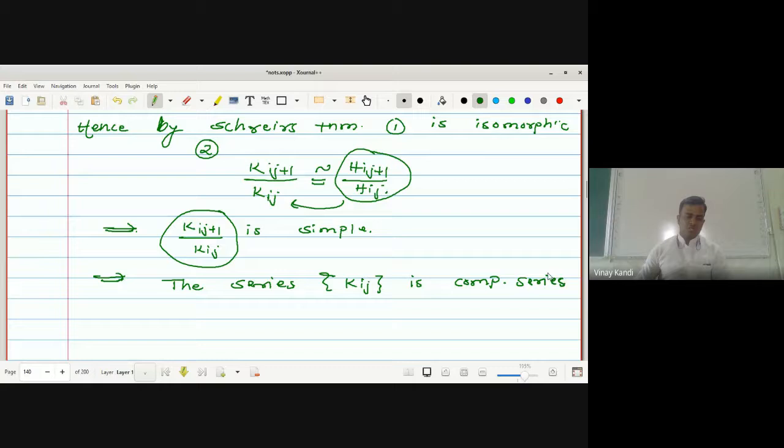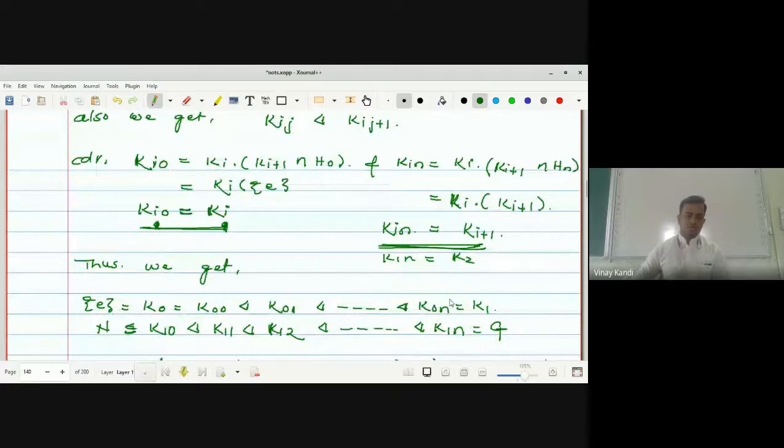Composition series containing N, hence the group. Okay, so this series is a composition series containing N. Any doubt up to here?